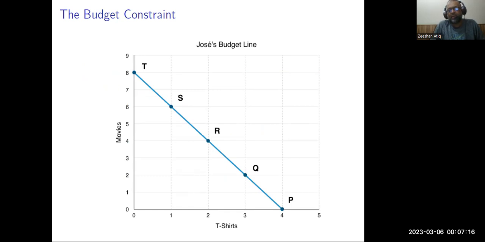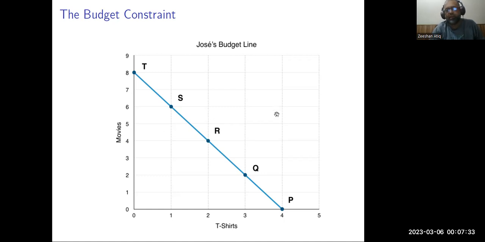The maximum amount of t-shirts he can buy is 4, and the maximum amount of movies he can buy is 8. And all the combinations between these extremes show the affordable combinations.